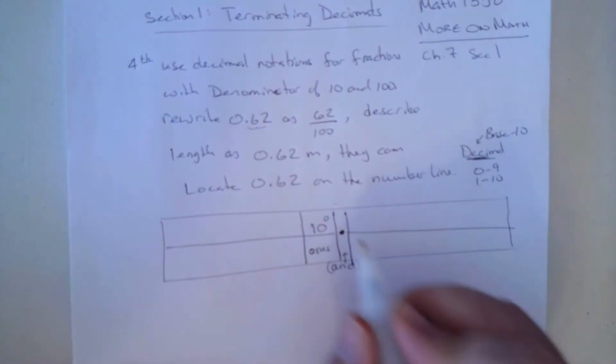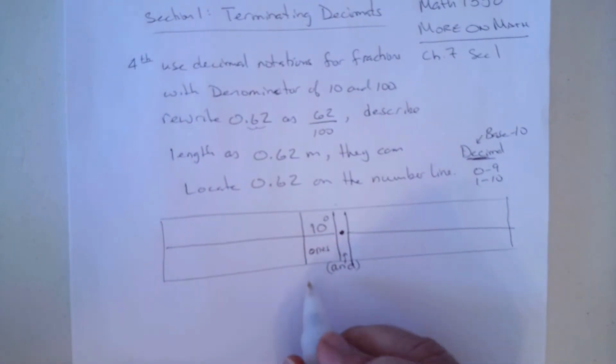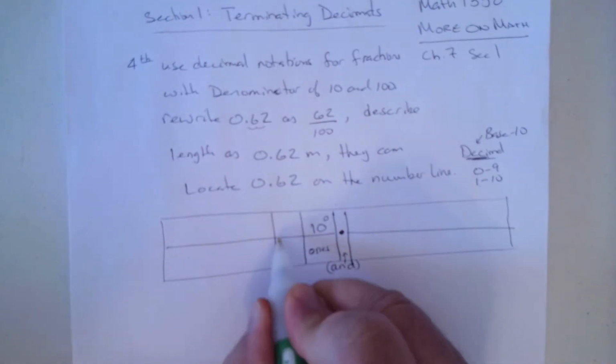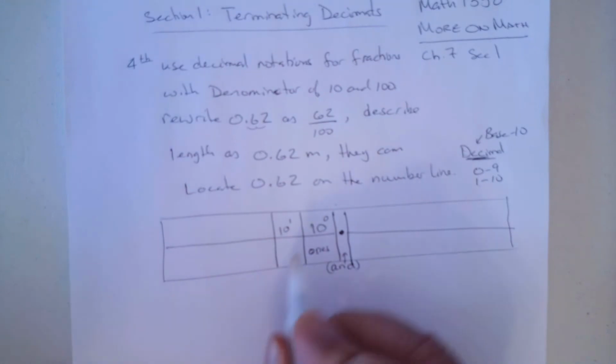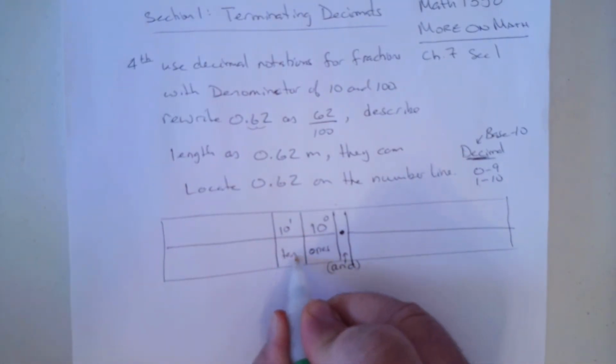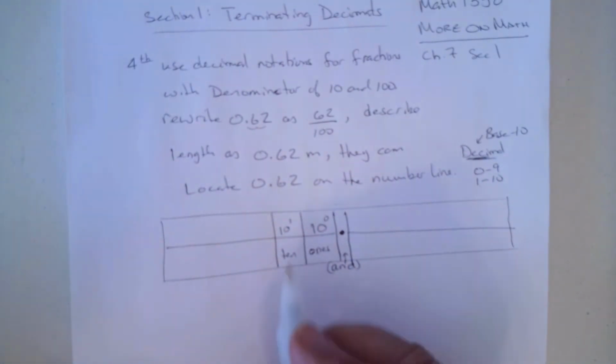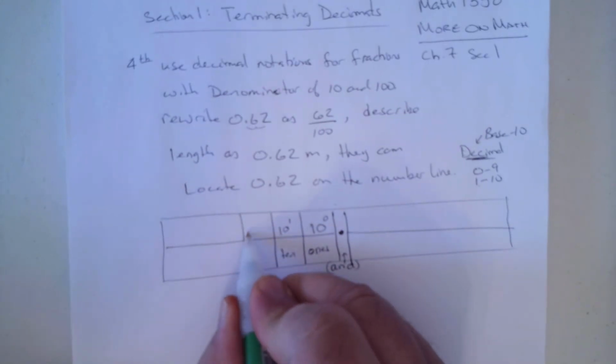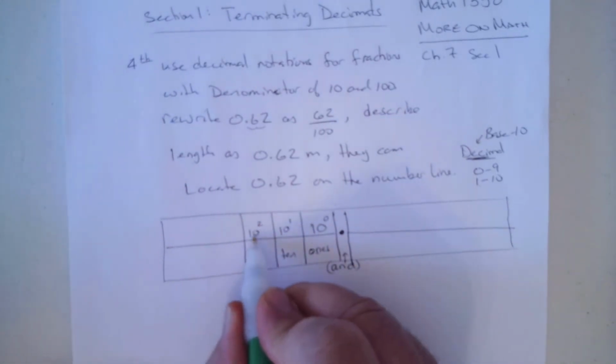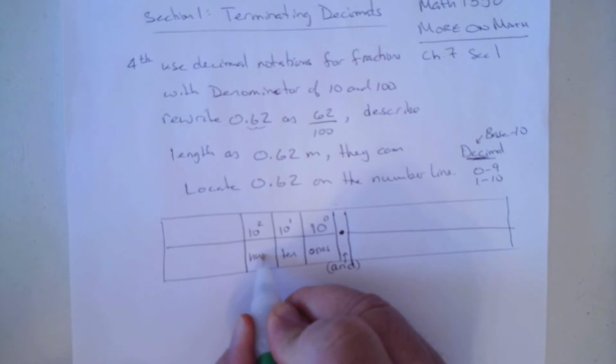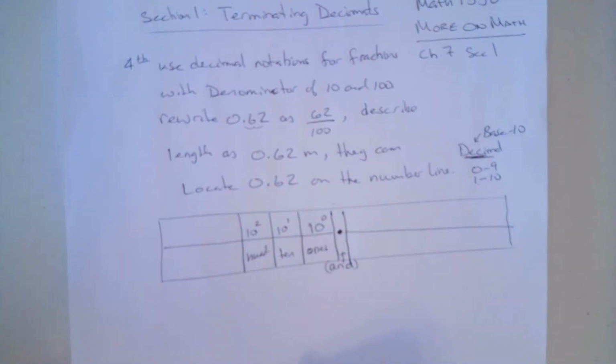So 10 to the 0 is 1. 10 to the first is a 10. 10 to the second, that's 10 times 10, that's hundreds.